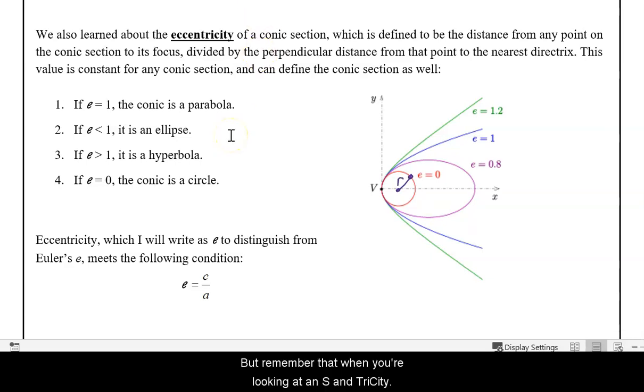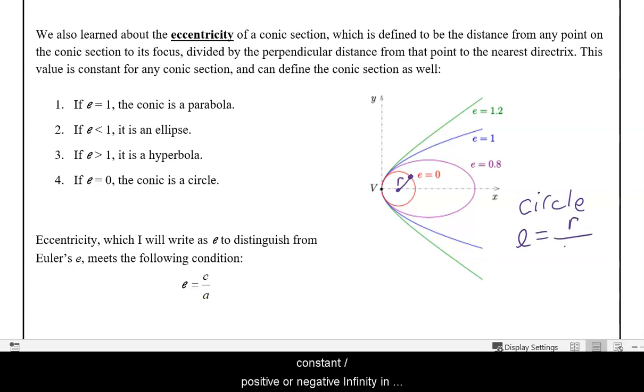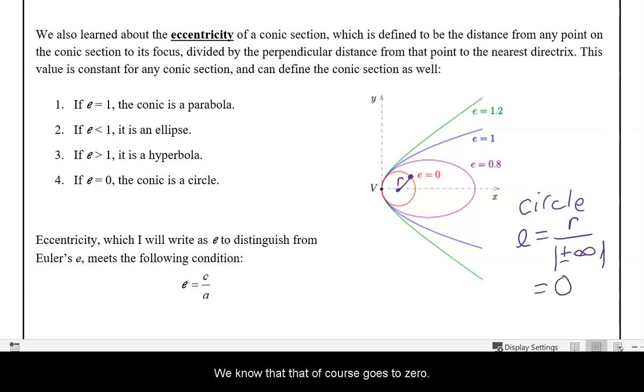But remember that when you're looking at an eccentricity, it's not just the point to the focus, it's the point to the focus divided by the point to the directrix lines. And the directrix lines for a circle have gone to positive and negative infinity. Therefore, when we're looking at a circle, what I have for the eccentricity is the radius, which is a constant, divided by positive or negative infinity in absolute values. We know that that, of course, goes to 0.